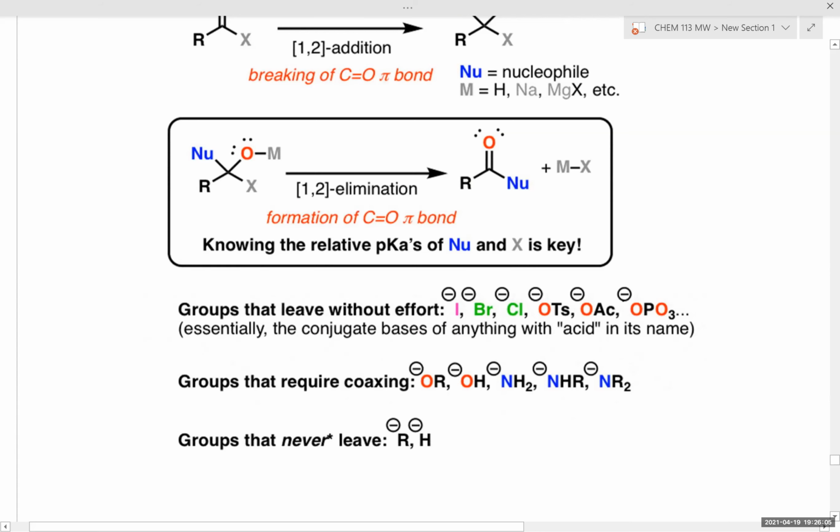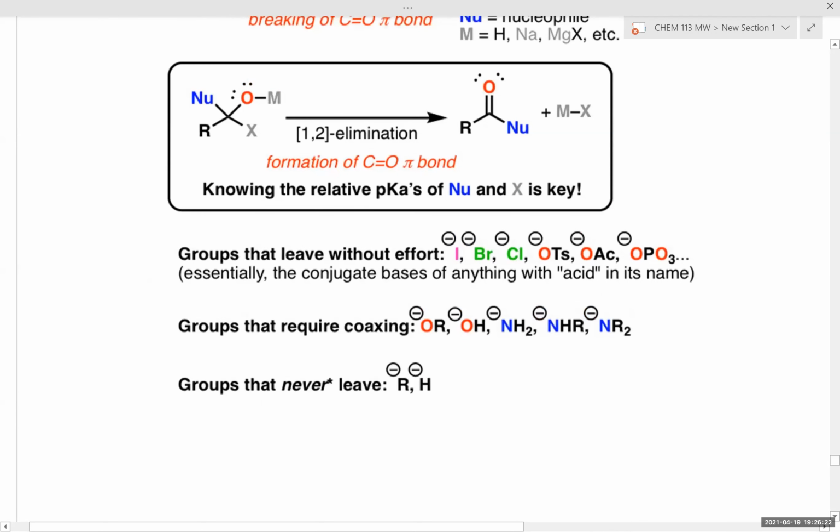Halides, acetate, wonderful leaving groups. If we have an ester, a carboxylic acid, an amide, that's a little more difficult. These aren't the best leaving groups. These are pretty good nucleophiles. Does this recap make sense to everyone? And does that help us start to rationalize why some of these reactions work?